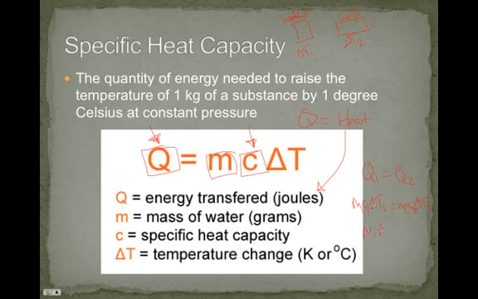So the mass times change in temperature of the first one equals mass times change in temperature of the second, which pretty much means that the one with the higher mass should change by less. The one with the lower mass should change by more. This is actually the equation we could have gotten from our lab, and it actually relates right to here. Now we're going to use this equation to think about if I add two substances together and I know how much they change by, I should be able to figure out how much heat was added.